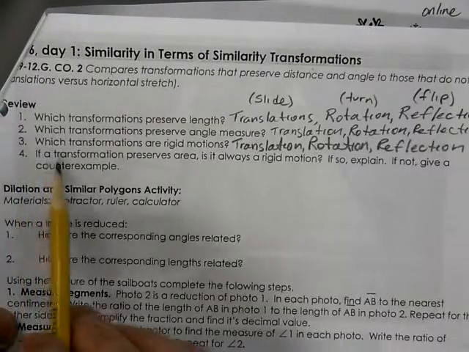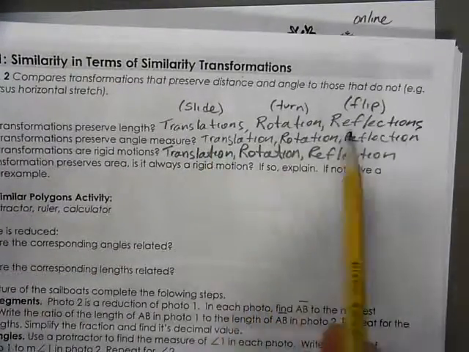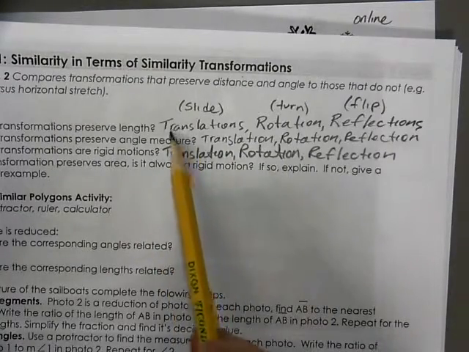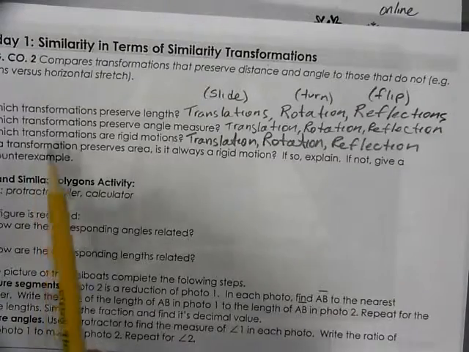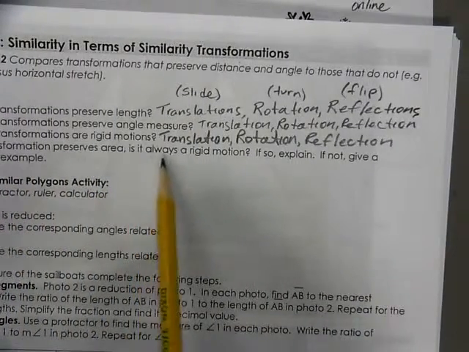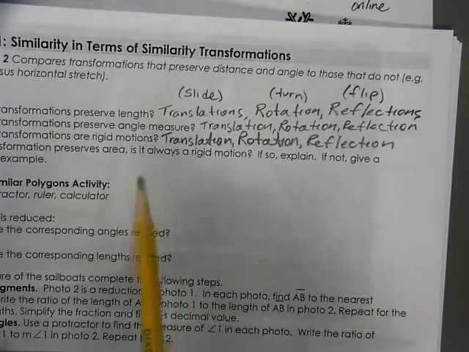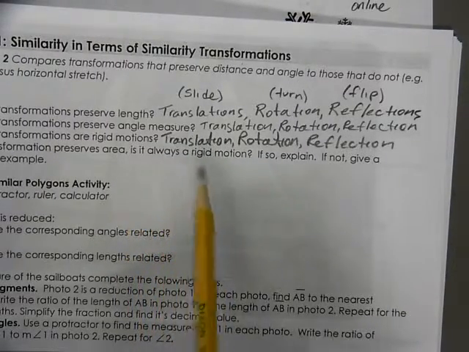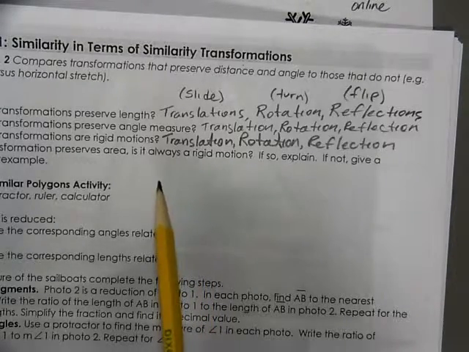With question number 4, if a transformation preserves area, so if we're going to talk about just these types of transformations, a translation, a rotation, or reflection, if one of these transformations preserves area, is it always a rigid motion? If it's going to preserve area, then its size and shape is not going to change.